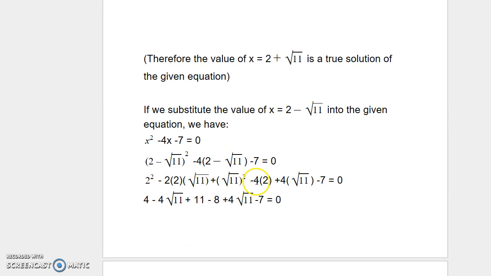Negative 4 times 2, negative 4 times negative square root of 11, negative times negative is a positive, 4 square root of 11, minus 7 equals 0.